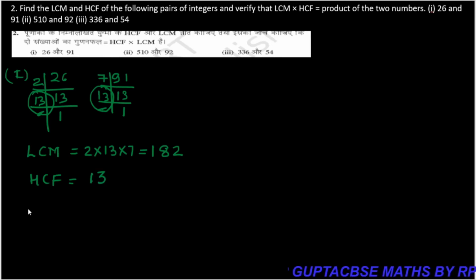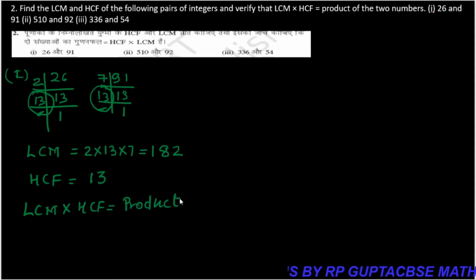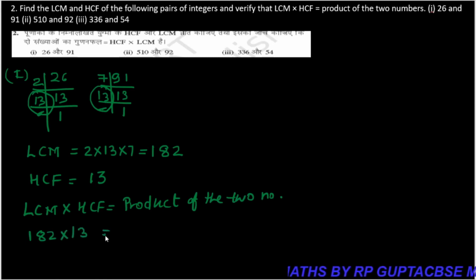And now here you have to prove that LCM into HCF is equal to the product of the two numbers. So what is the LCM? 182 into HCF 13 is equal to 26 into 91.